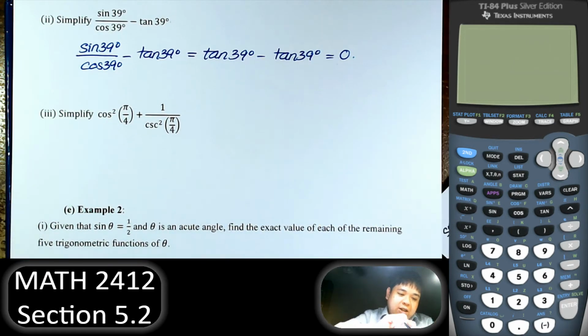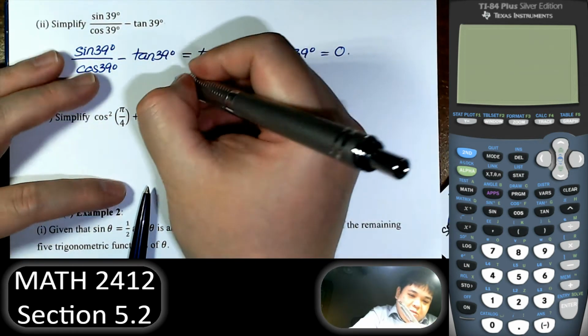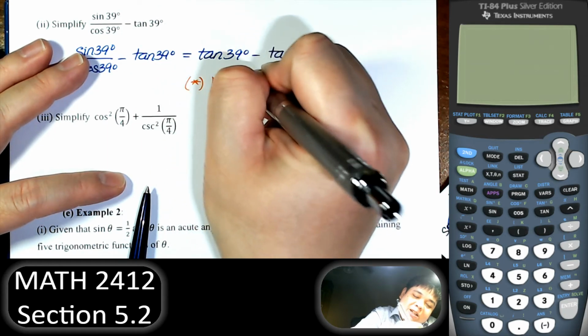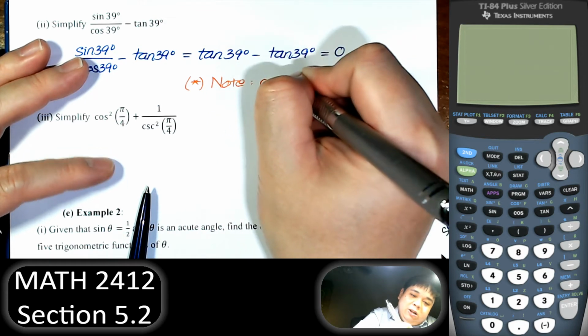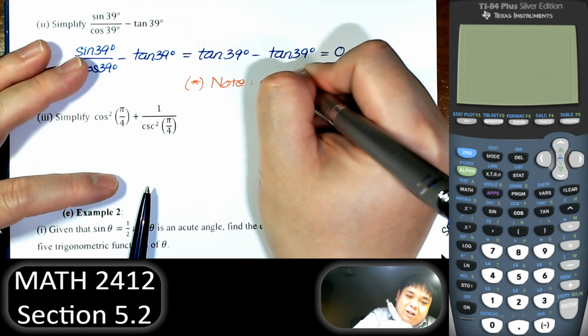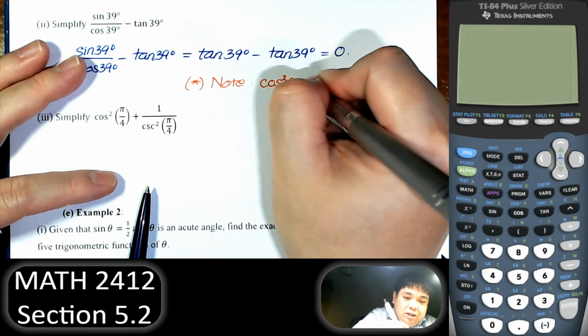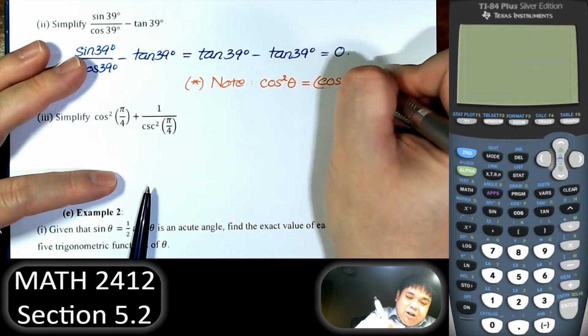Right. So by the way, of course, I don't emphasize enough: when we write, let's say, cosine squared of theta, we mean cosine of theta, squared.